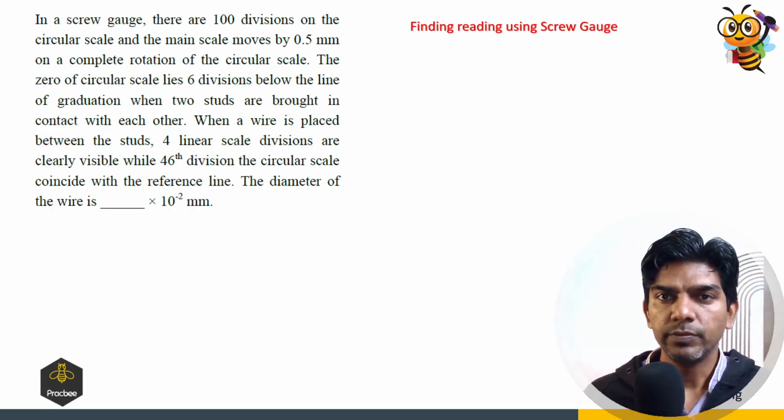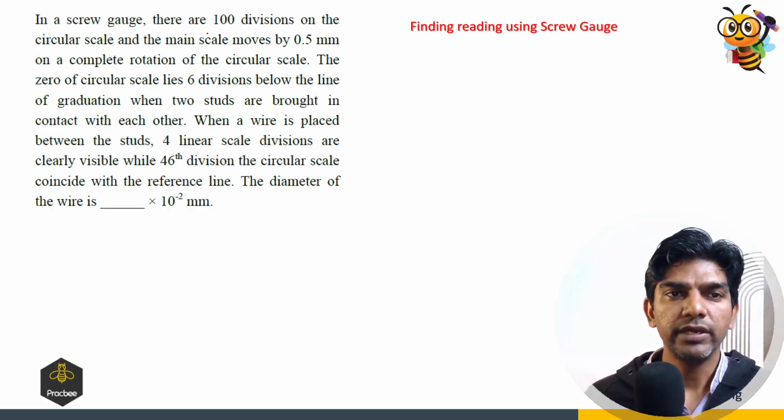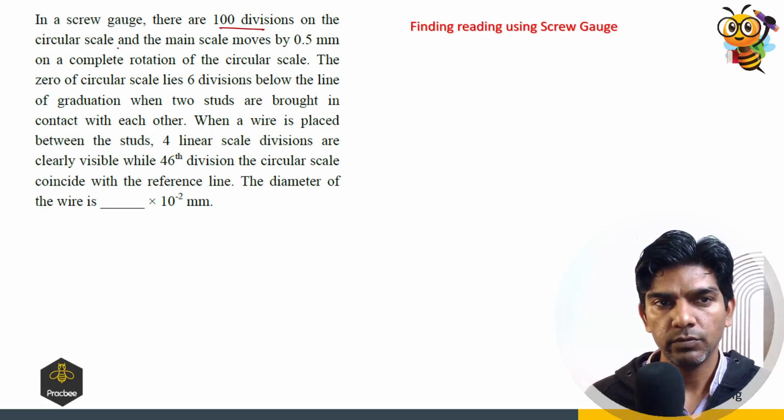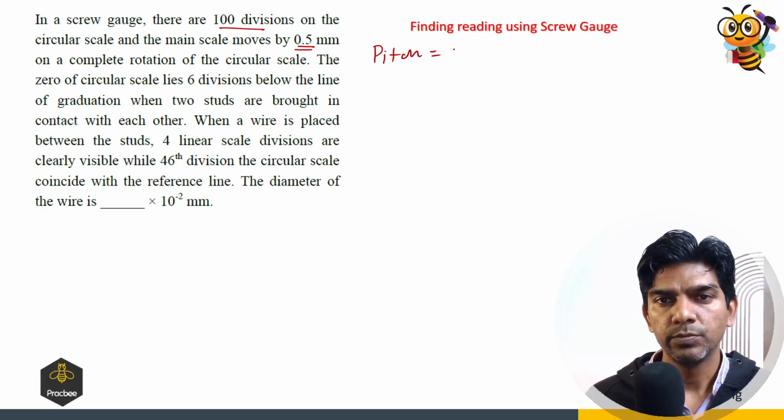Now let us see this question based on the same problem type. In screw gauge, there are 100 divisions on the circular scale and the main scale moves by 0.5 millimeters on a complete rotation of the circular scale. So we have given pitch as 0.5 millimeter.